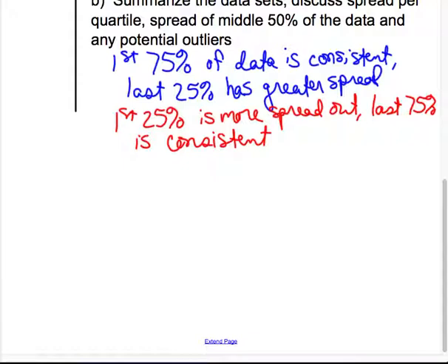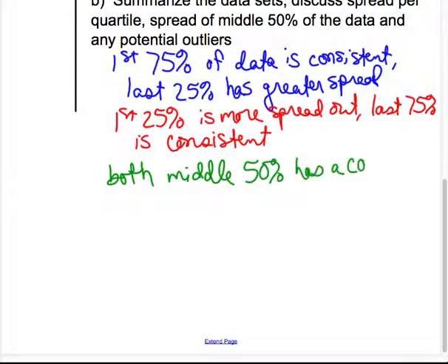So I'm going to say for both of them, the middle 50% of the data is consistent, or maybe has a consistent spread. And there don't appear to be outliers.